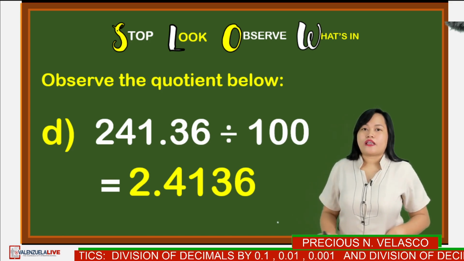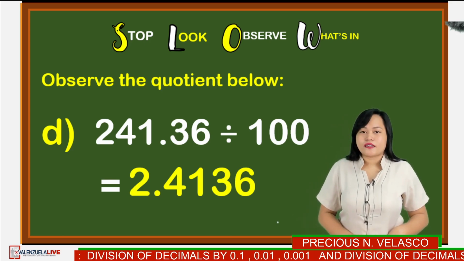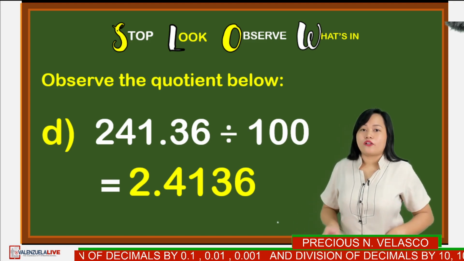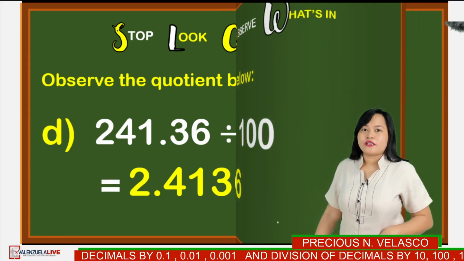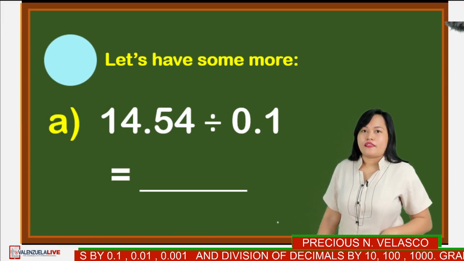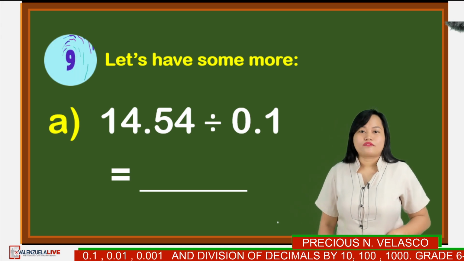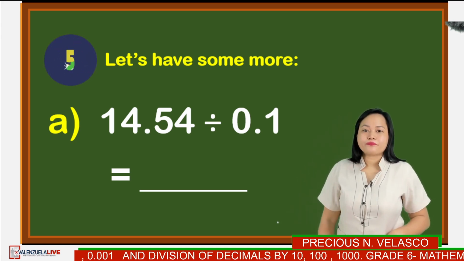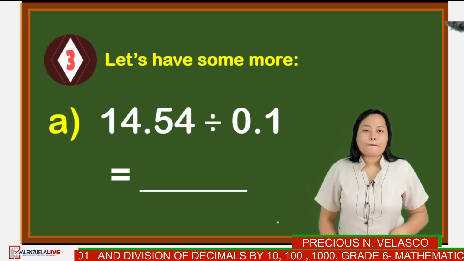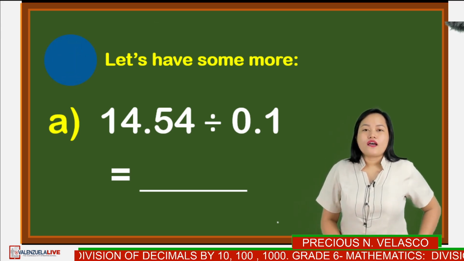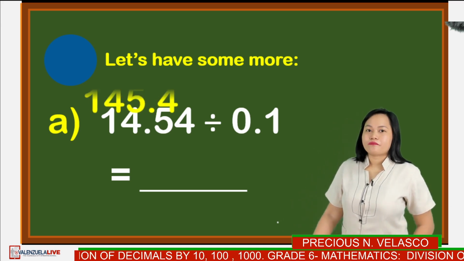In this activity, you are given 10 seconds to type your answer in the comment box. For the first one, your 10 seconds starts now. Okay, so let's see. What is your answer?